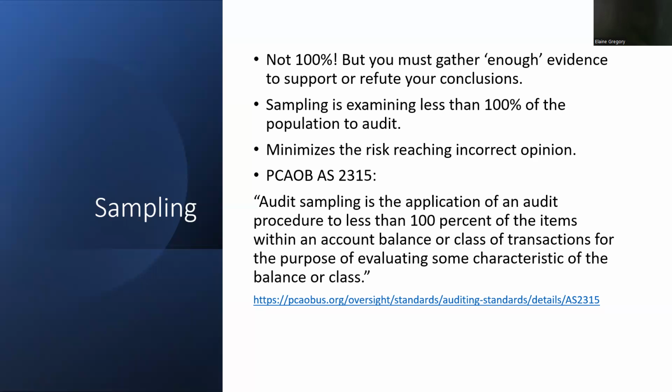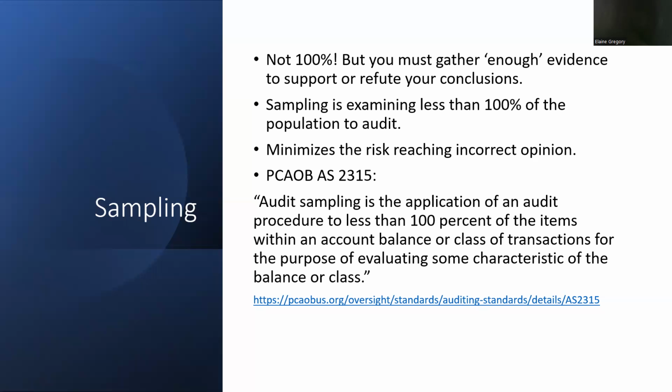I've posted in the readings the link to PCAOB AS 2315, and it talks about sampling and testing procedures. So sampling is the application of an audit procedure to less than 100% of the items in order to evaluate that transaction or that account class.